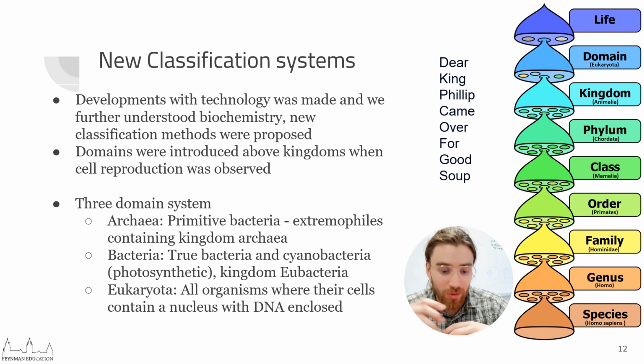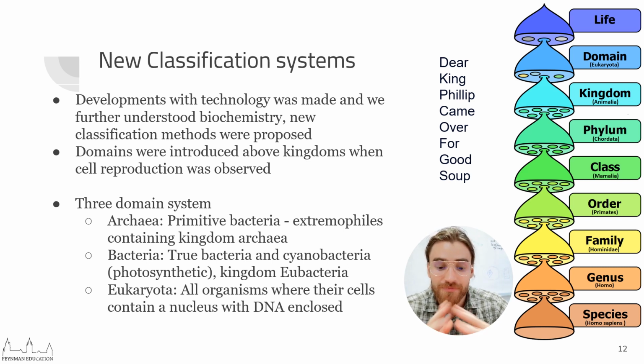Eukaryota would be your animals, your plants, as well as some of your multicellular organisms, or unicellular organisms that might also have a true nucleus. So eukaryota are all organisms where their cells contain that nucleus and enclosed DNA.